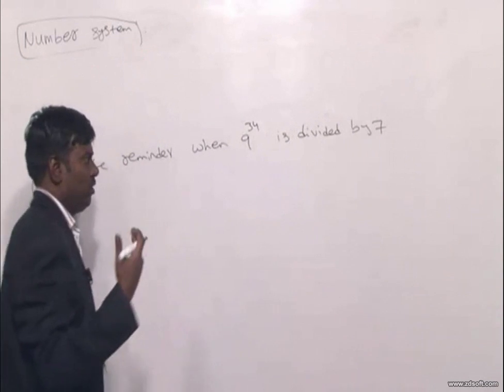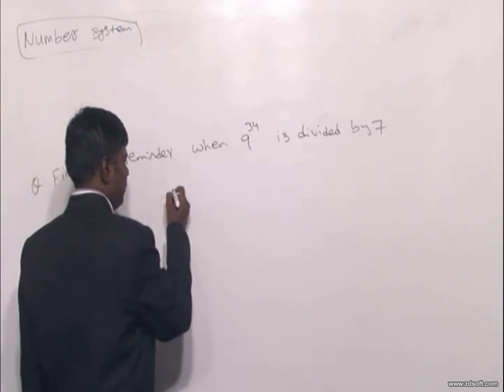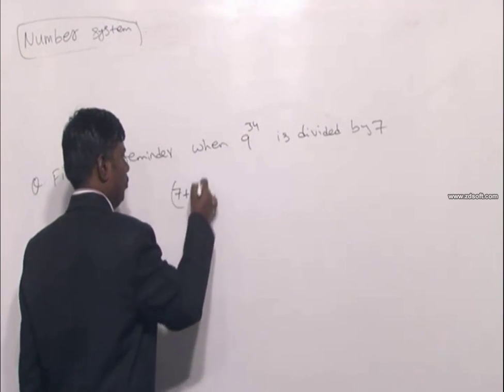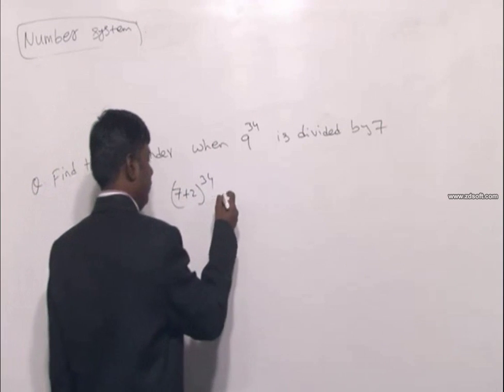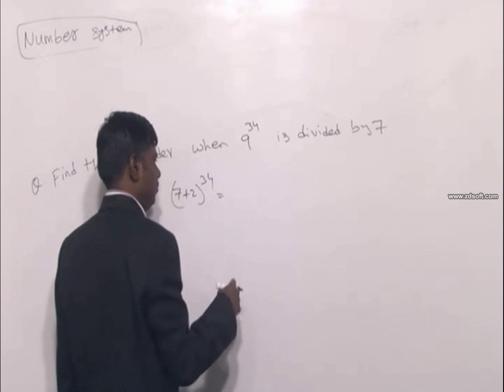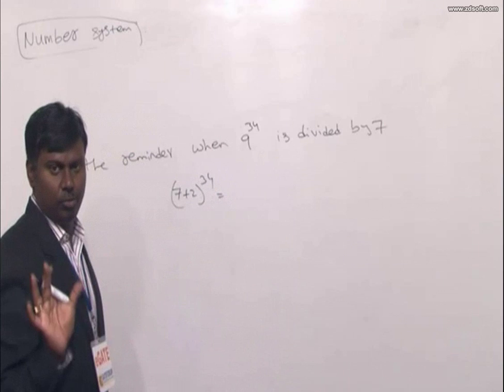You can either use the remainder theorem or let us try some other method. It can be expressed as 7 plus 2 whole power 34. If it is a multiple of 7, I know the remainder is going to be 0.